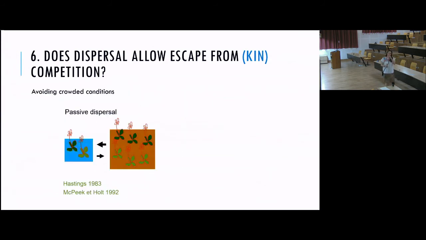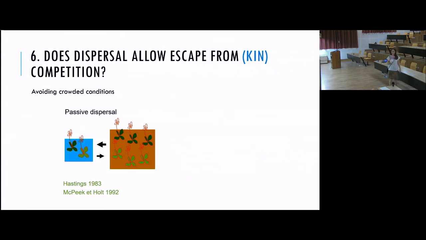So there have been a number of models that have tried to test this idea, that dispersal is a way to avoid crowded conditions, and that it's selected for because it reduces competition. And early models that looked at habitat heterogeneity in density actually, interestingly, found just the reverse.